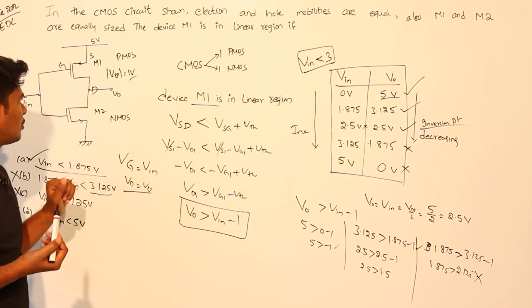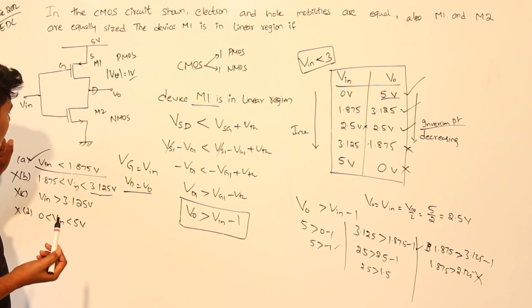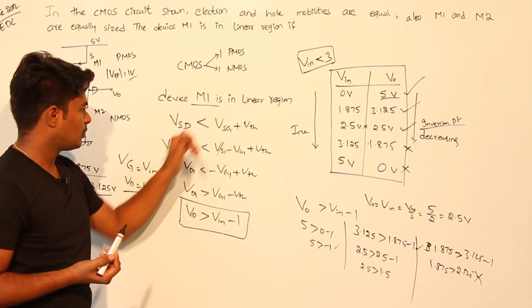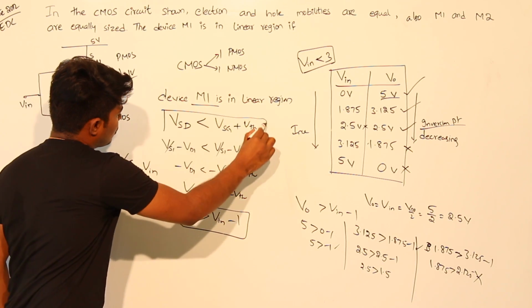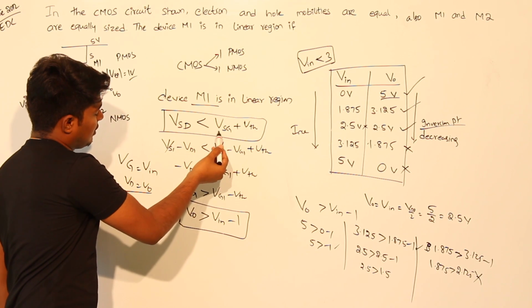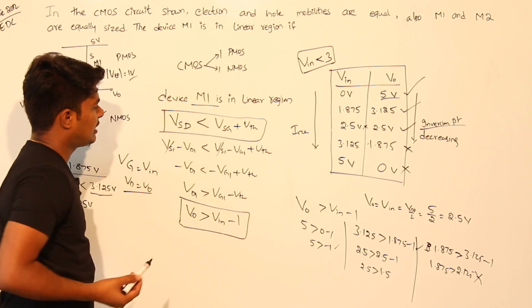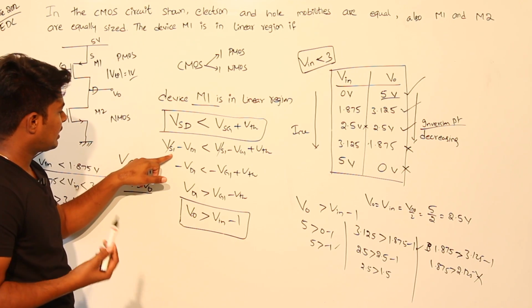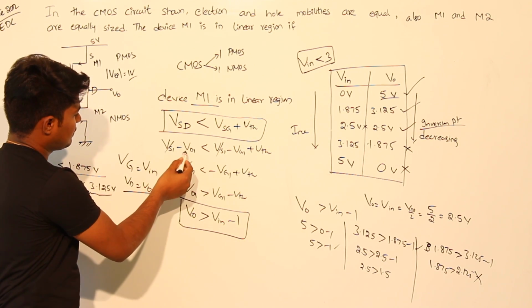How we got the solution is: first we derive the condition. M1 is in linear region only if this condition holds true, VSD less than VSG plus VTH, with VTH threshold voltage given as 1 volt, and with respect to the M1 transistor we took VS1 minus VD1.